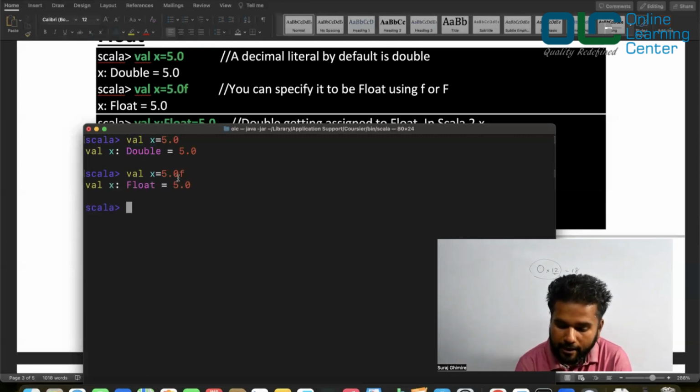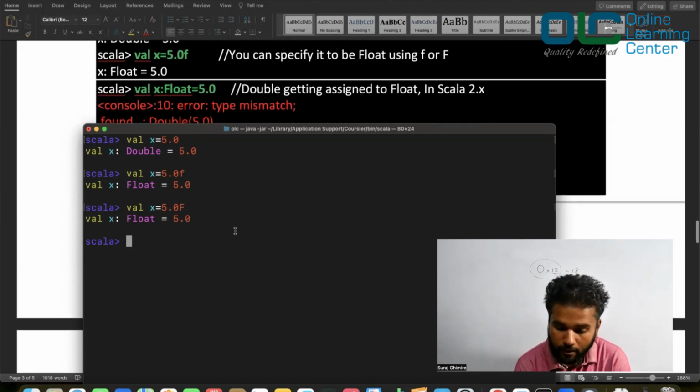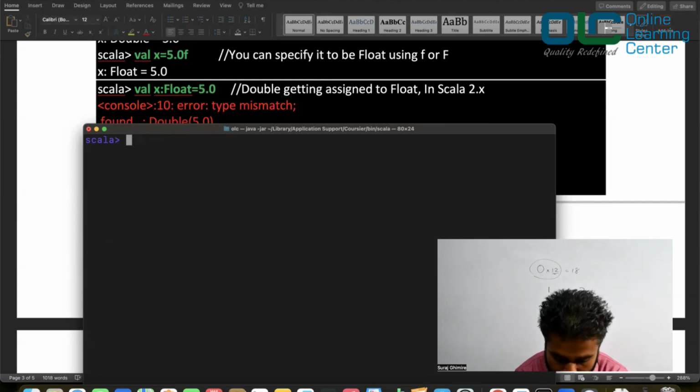You can either write small f or capital F. Okay. So if you want to be very specific that you want this to be a float type, then you will have to specify it with a small f or capital F, which gives you a floating value. Okay. What if I do something like this? Can I not do something like this? x of float is equal to 5.0. Okay.